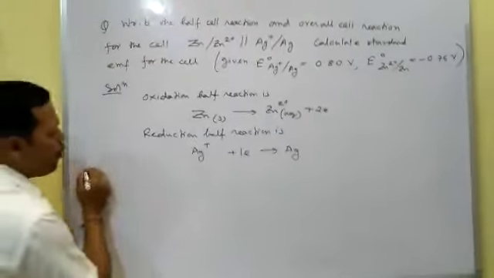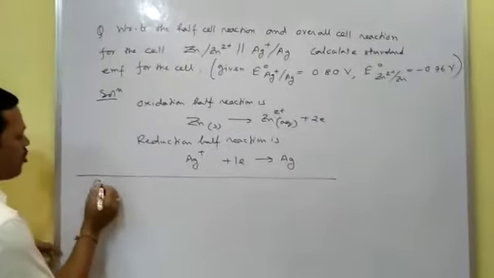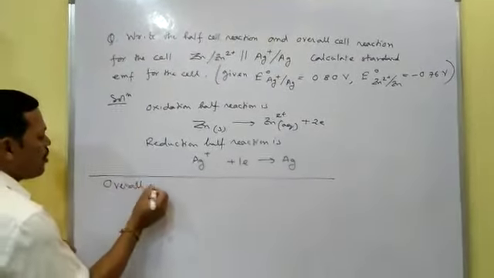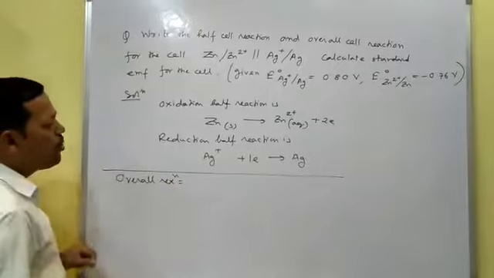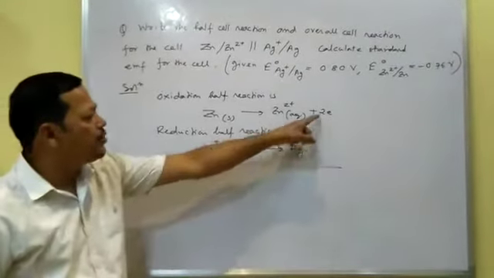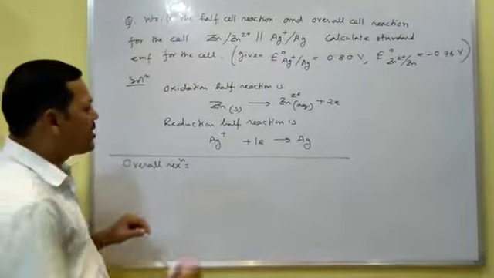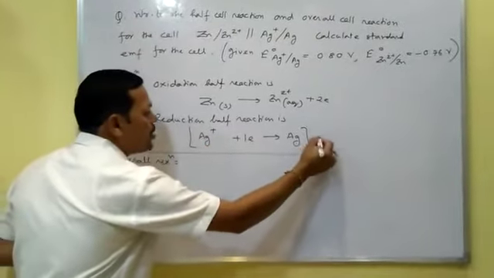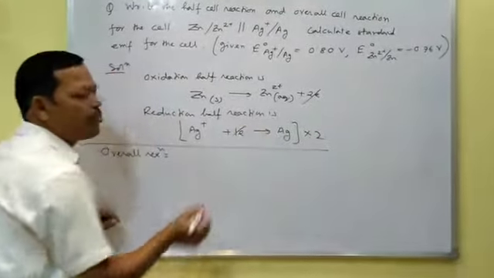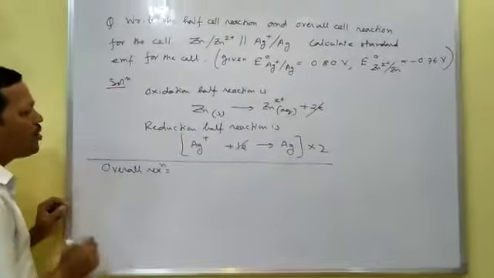Now when you write the overall reaction, the electrons must be cancelled. Here 2 electrons, here 1 electron, they will not be cancelled. That's why you have to multiply this equation by 2, so that the 2 electrons will be cancelled. Electrons must be cancelled in the overall reaction.